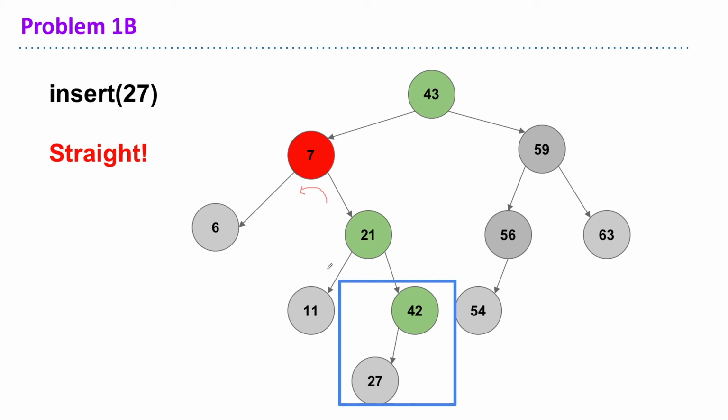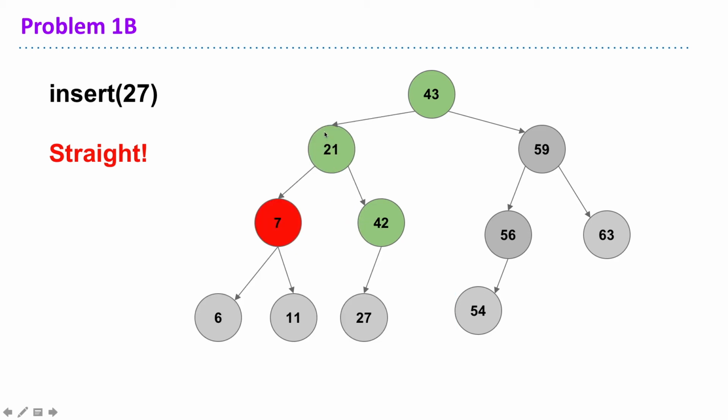And since 21 has a left child already, we're going to move this to be the right child of 7 because this 11 is between 7 and 21. So that's also an acceptable place for this 11 to be. So that's what's happened in this picture. So we moved 21 up, and then we dragged 11 over here to 7's right child.